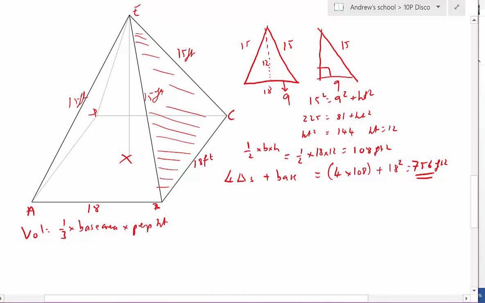The perpendicular height corresponds to the actual altitude of the top of the pyramid above the base. Well, we already know the altitude of the triangular face, and we already have figured out that that was 12.